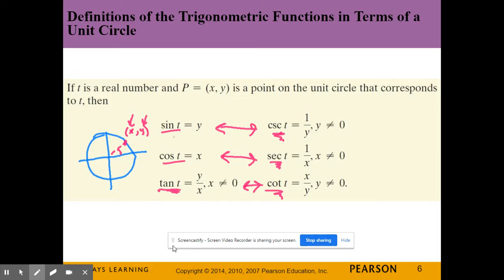When I first learned this, I got that mixed up. Someone pointed out a way to remember, which is each pair has a co, right? So cosecant has to go with sine, and secant goes with cosine because each pair has one co. That doesn't mean anything other than it's a way to remember it, right? And that even works when you apply it to the tangent and cotangent. Each pair has one co.